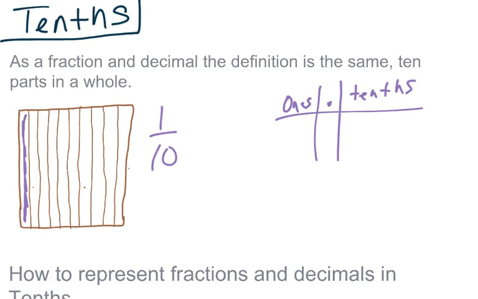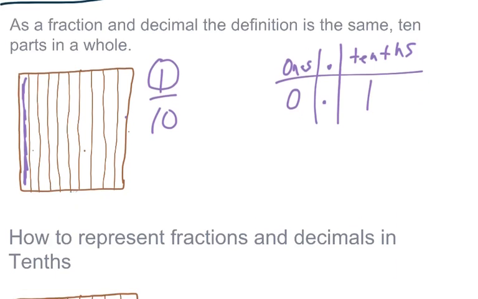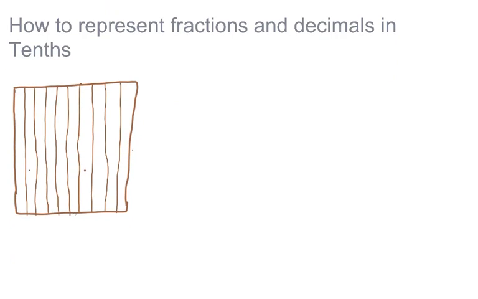And you remember the strategy from the other video: we have no wholes, no ones, and we have, circle that, 1/10. That's what we have to do each time, representing fractions and decimals. We're just talking about tenths this time, and later on we're going to smash both of those together in some of our next lessons.